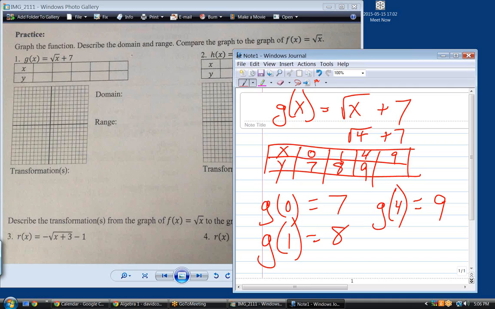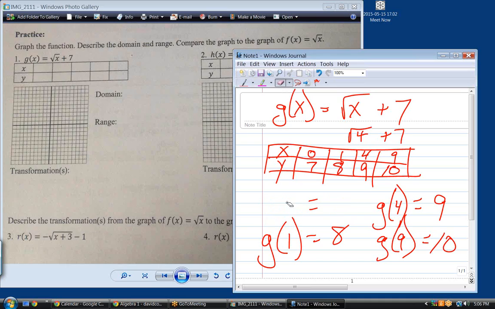I picked 4 because the square root of it was 2, not a decimal. And I picked 9 because the square root of 9 is a whole number also. So what's g of 9? The square root of 9 is 3, but we still have to add 7 to it. That's 10. Okay, so that's what my table looks like.